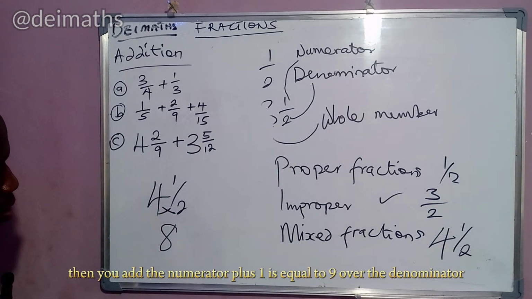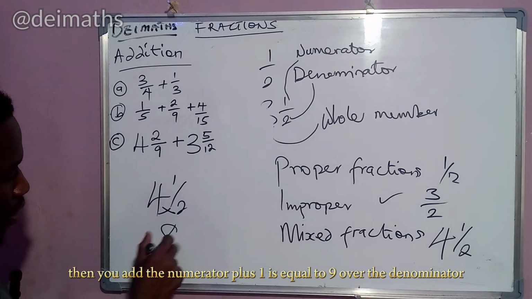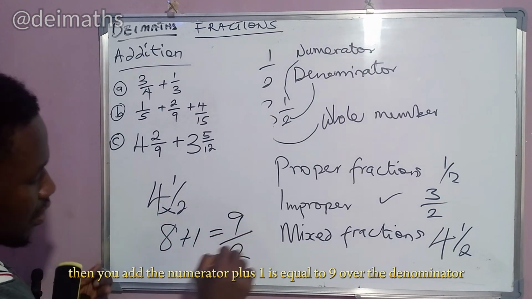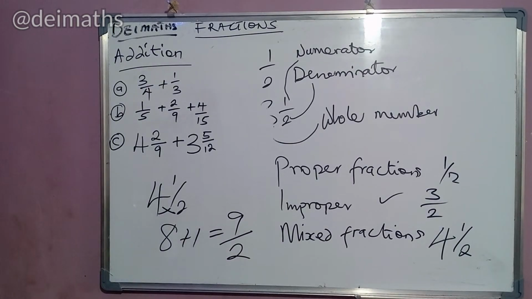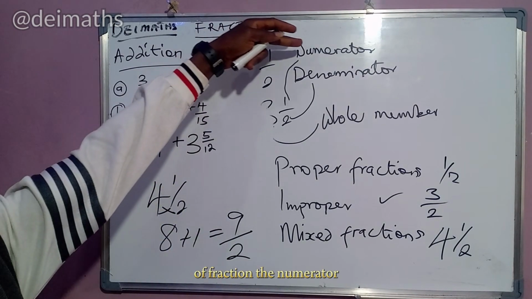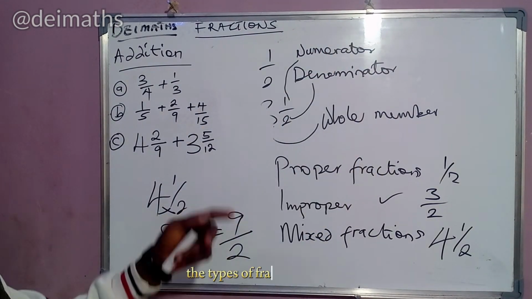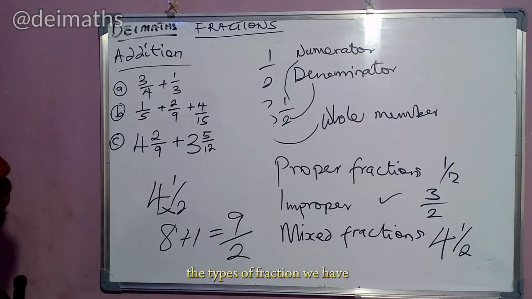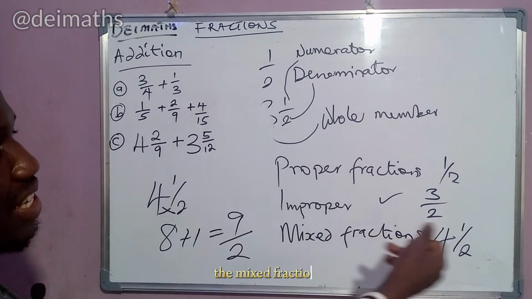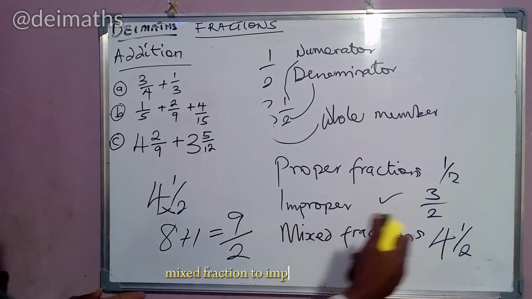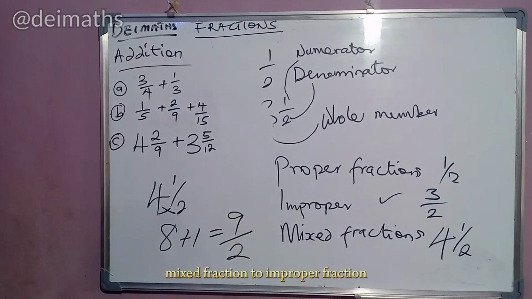Then you add the numerator, plus 1 is equal to 9 over the denominator. So, having known the parts of a fraction, the numerator, the denominator, the whole number, and the types of fraction, the proper, the improper, the mixed fraction, this is how you convert a mixed fraction to an improper fraction.